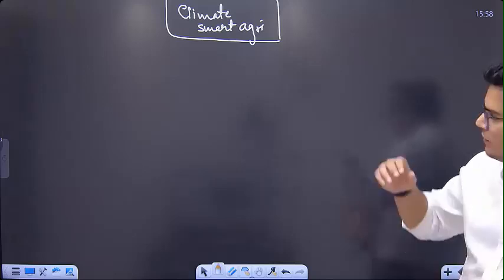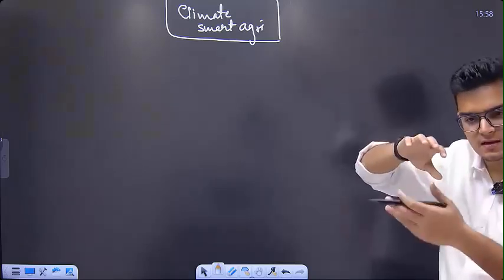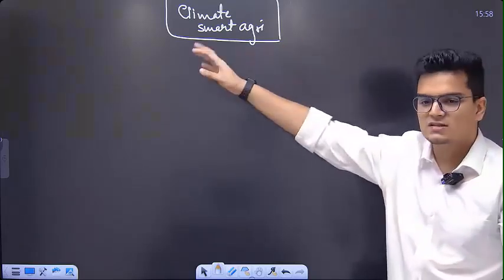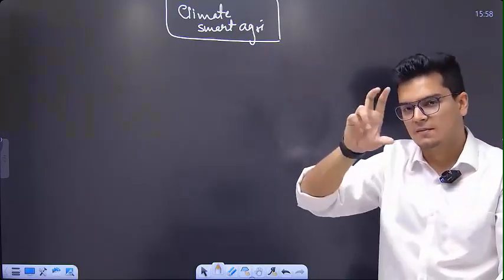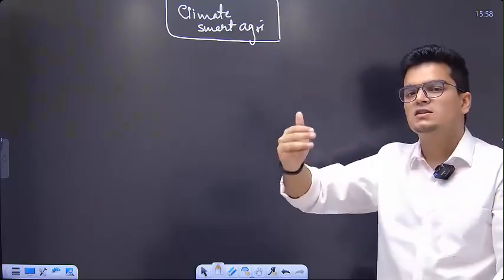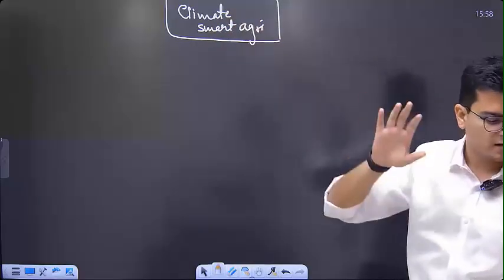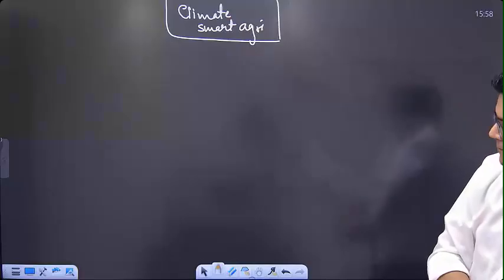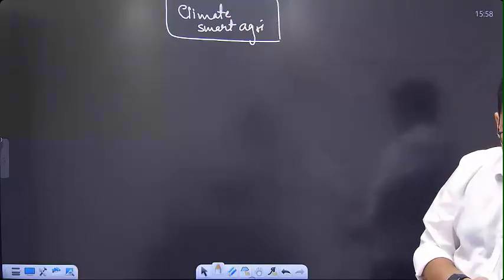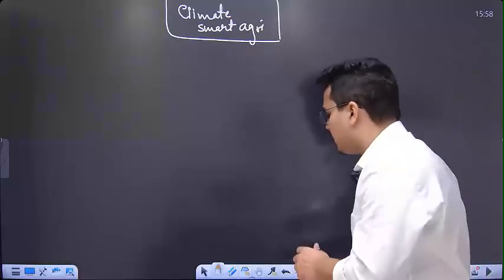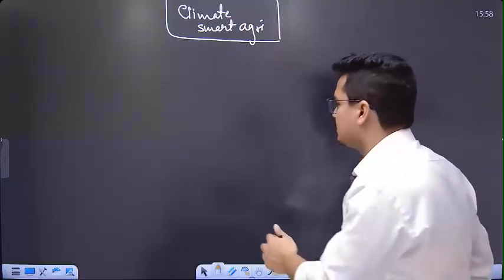Firstly, we'll understand how these linkages come. Then we'll understand what is the need of climate smart agriculture, what are its components, and what can we do to have climate smart agriculture or an evergreen revolution in India. Now, let's start with the linkages between climate and agriculture, and now your job starts.